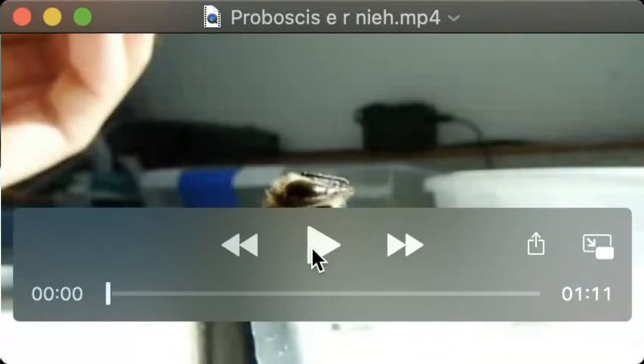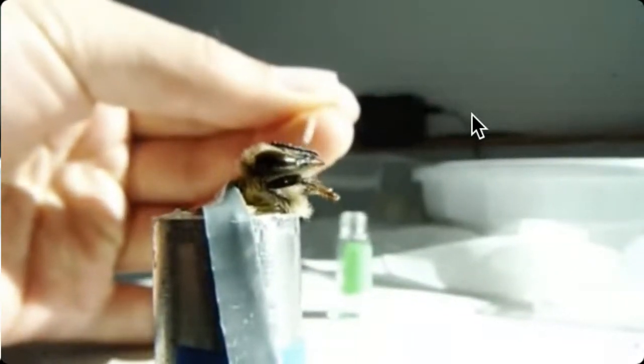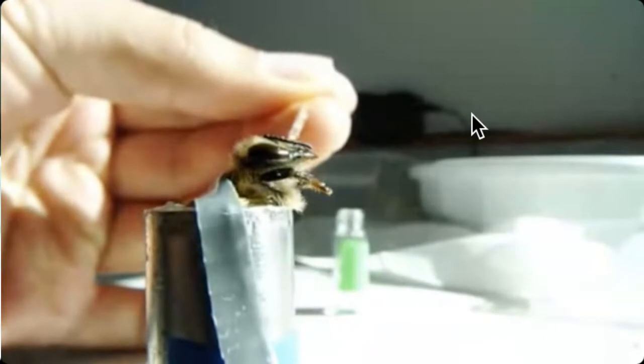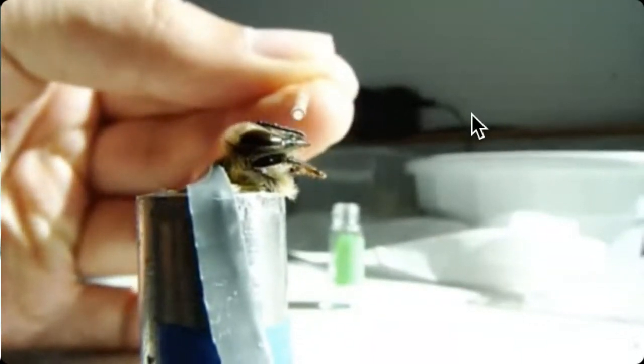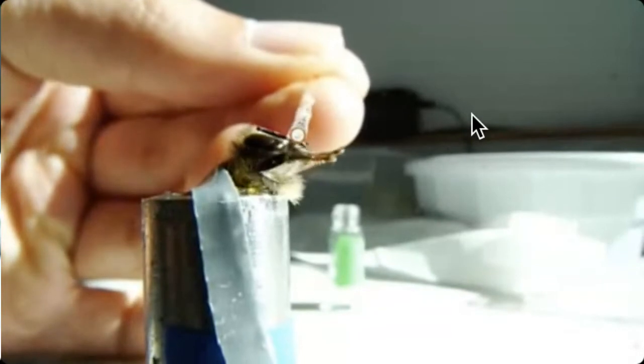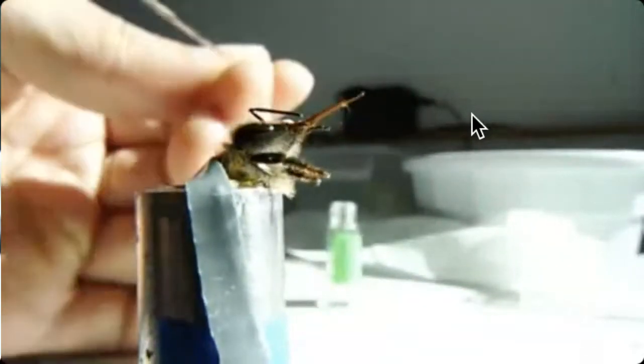Okay, so this is from Richard Nieh's lab. He's at UC San Diego, but it was a guy in Germany that developed it. You can train the bees with a sugar dose and give them a smell or a color cue, and you touch the sugar to their antenna, and they will stick out their proboscis because of the sugar.